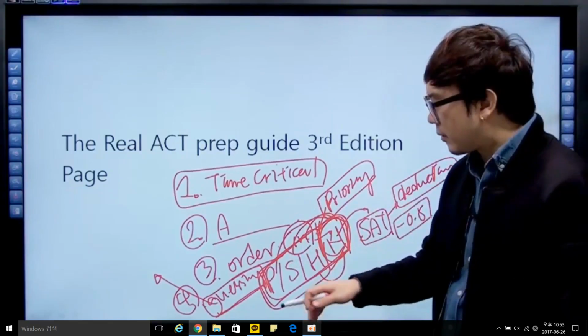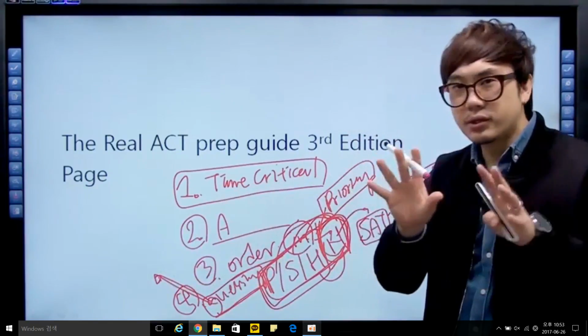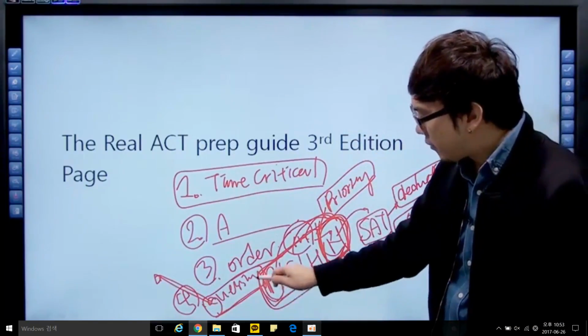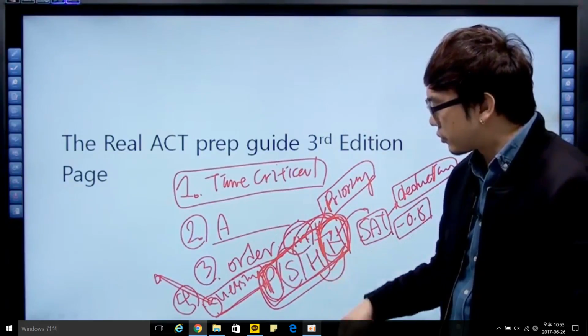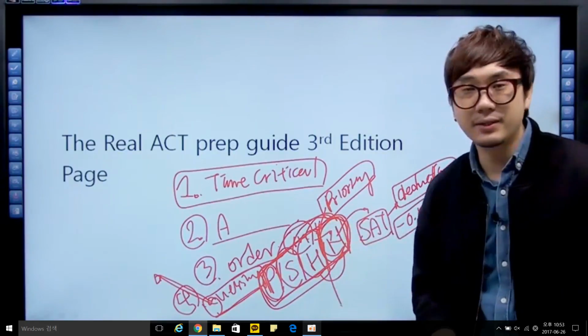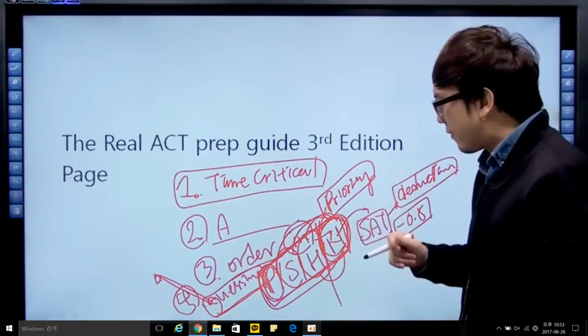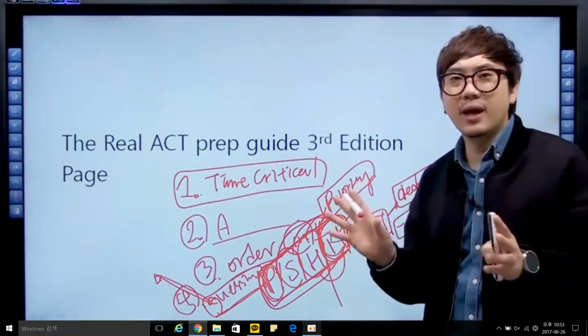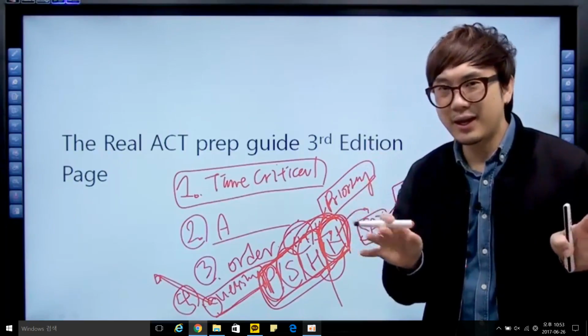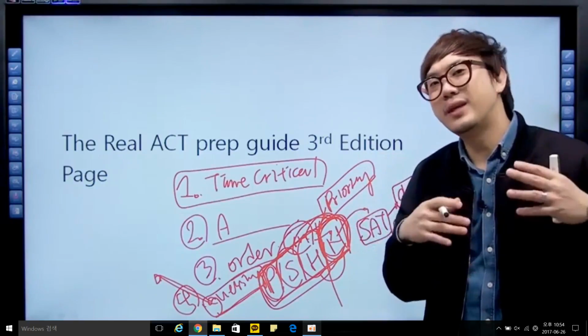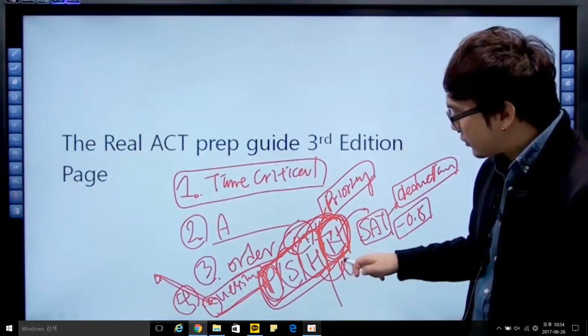Because if you think about it, let's just say that you get perfect scores in prose fiction, perfect scores in social sciences, and perfect scores in humanities, all right? You've got that perfectly, but you've spent too much time, and so you don't have time for natural sciences, and you suck at it anyway, okay? You don't have the time to solve it, so you guess. That's 10 questions, all right?